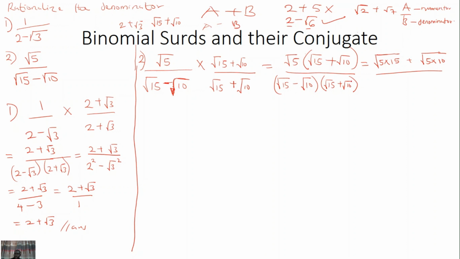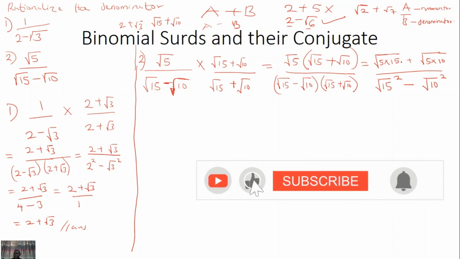This will give us the difference of two squares. It will be root 15 squared minus root 10 squared.